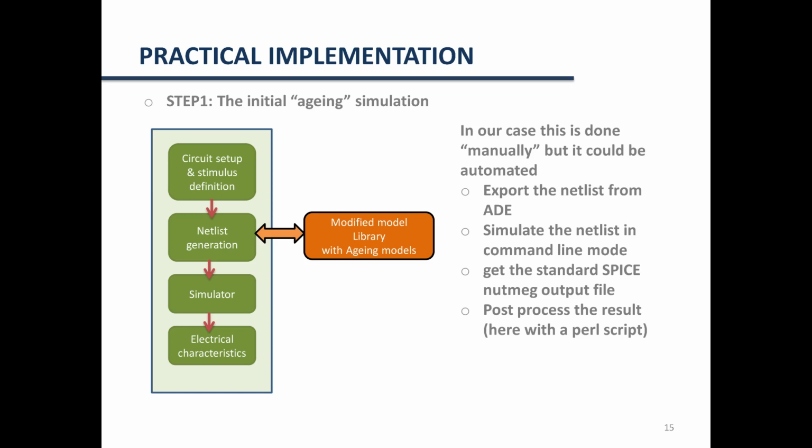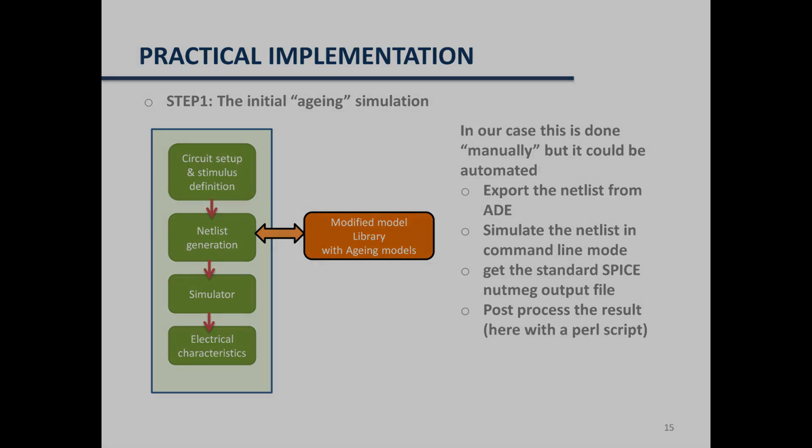What I mean by manually is that we use the command line. So the first step is to export the netlist from ADS, from Cadence. Then we simulate this netlist in the command line mode. And then we get the standard SPICE output file.